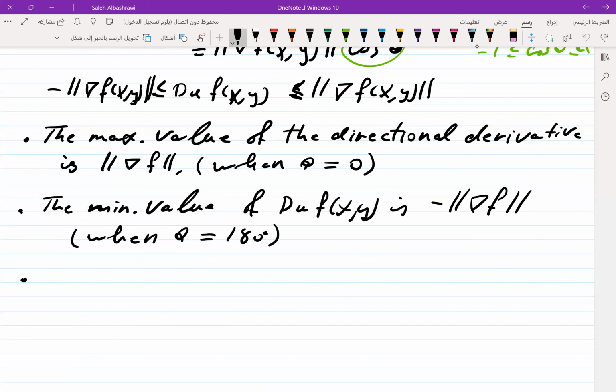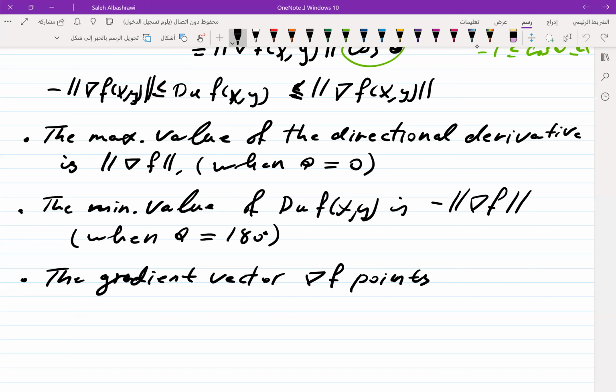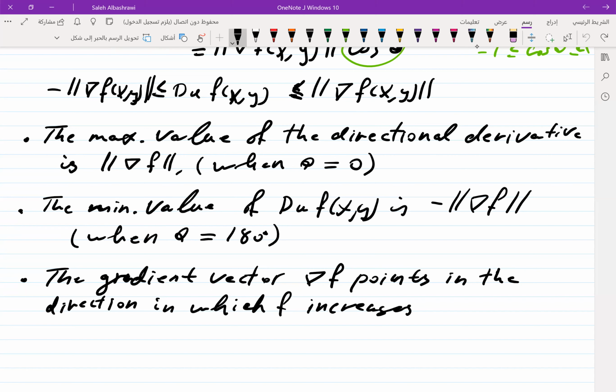And one more point from this one, we can say the gradient vector, delta f, points in the direction in which f increases most rapidly.